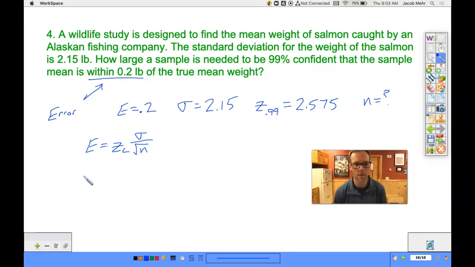Okay, let's substitute in. 0.2 is the error. Our z-score is 2.575. Our standard deviation is 2.15 over the square root of n. All right, so let's solve that. Okay, let's divide by 2.575.